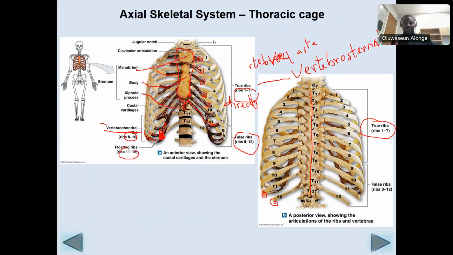So 1 to 7 are true ribs or vertebrosternal ribs. 8 to 10 are false ribs or vertebrochondral ribs. Then 11 to 12 are floating ribs. They are also false ribs.